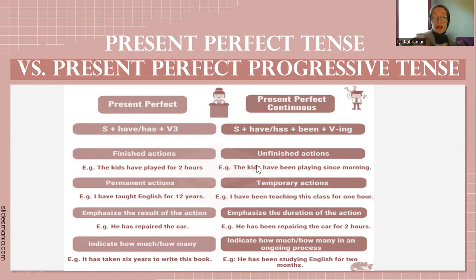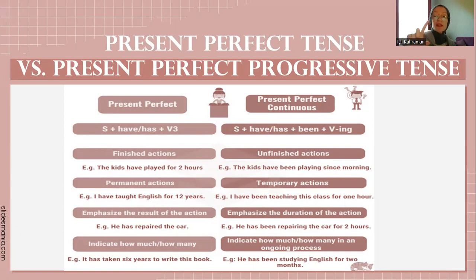In both of them we have a subject and have or has, of course. But in the progressive form we add be. While we use the verb 3 form, the past participle, in present perfect tense, we use the verb with an ing form.